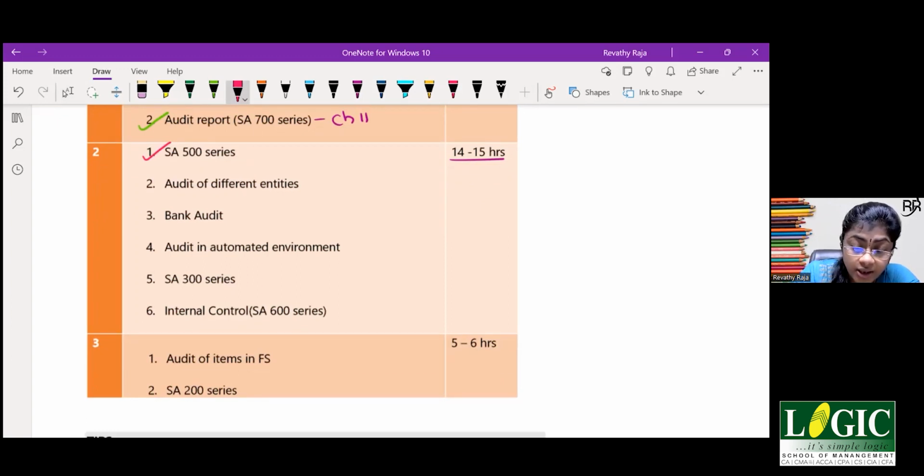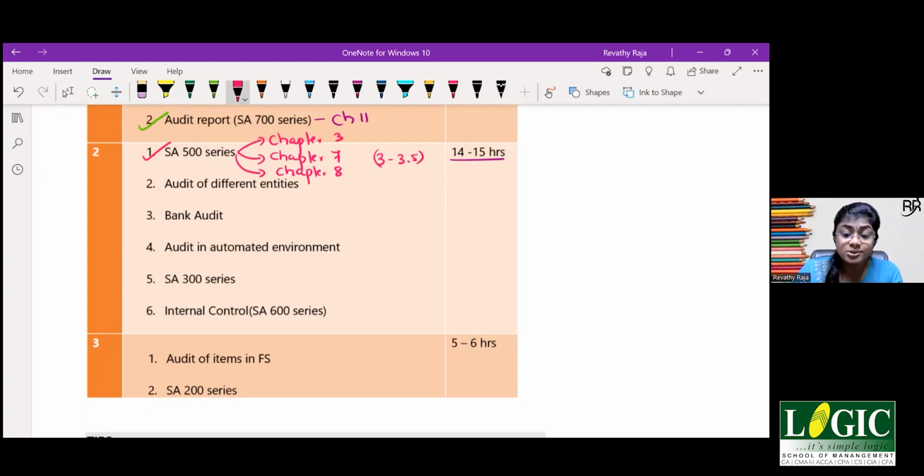500 series in our material: chapter number 3, audit evidence, chapter number 7, sampling, and chapter number 8, analytical procedure will be over. For doing this, you might take approximately 3 or 3.5 hours.